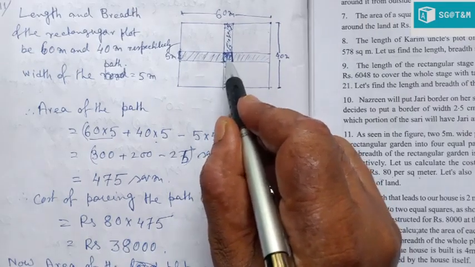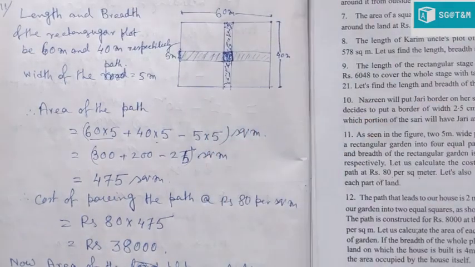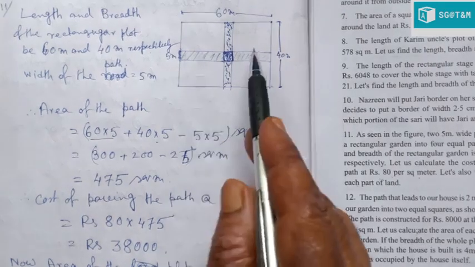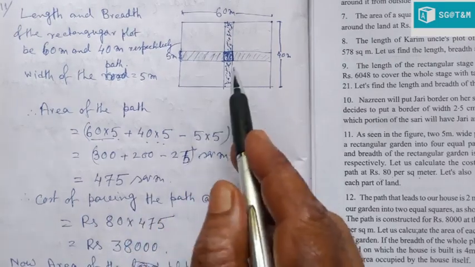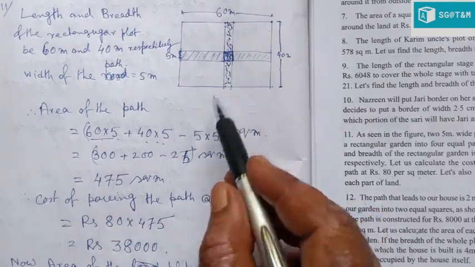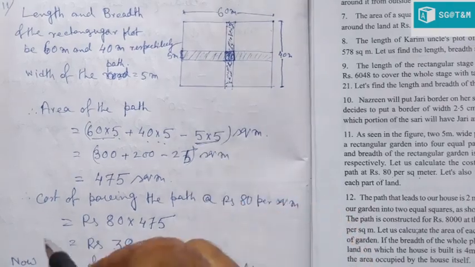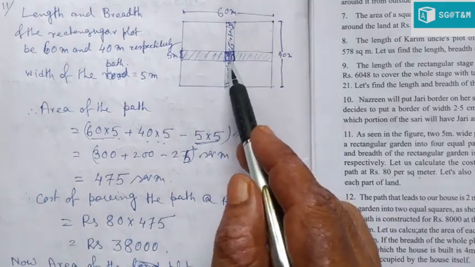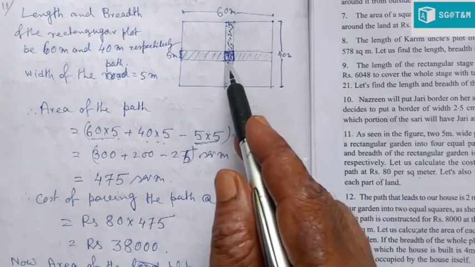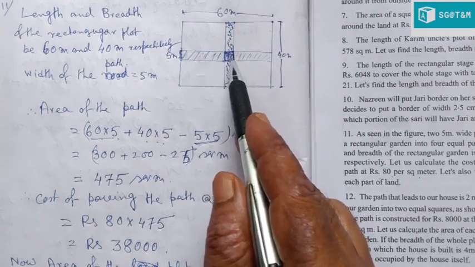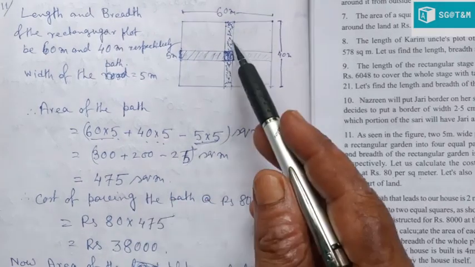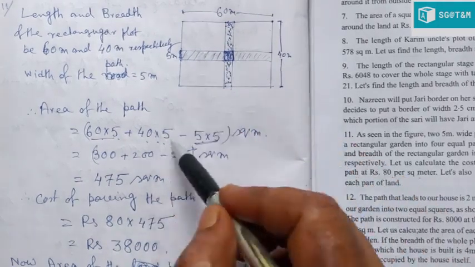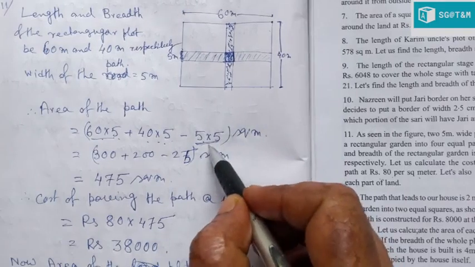It comes twice, so we subtract 1 time. So 60 into 5 plus 40 into 5 minus 5 into 5.